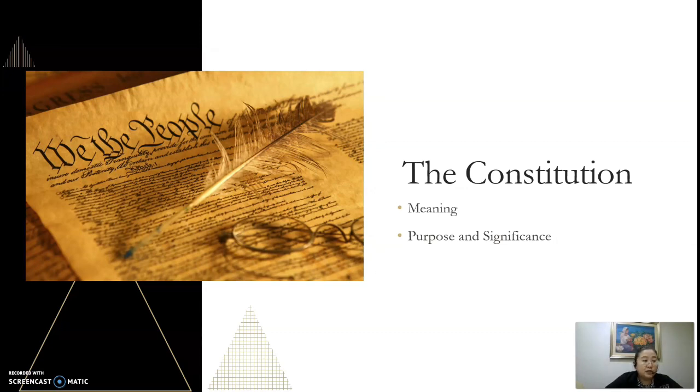And also, as you know, the Constitution outlines the powers and the infrastructure of the government: the executive, the legislative, and the judicial branches of government. And we also know that there is the principle of checks and balances, and that these are three co-equal branches of the government.